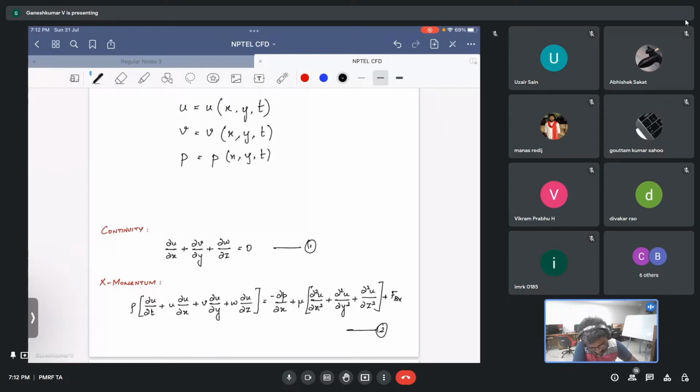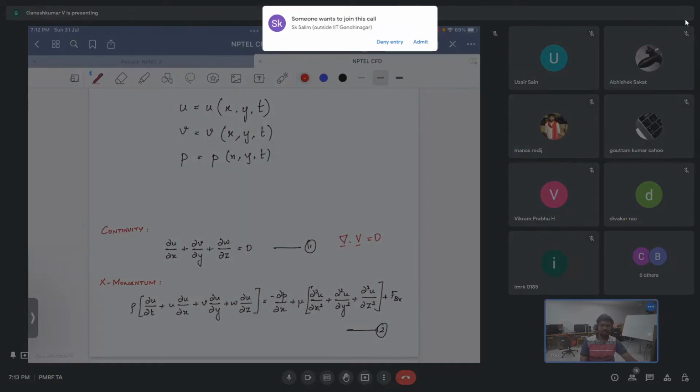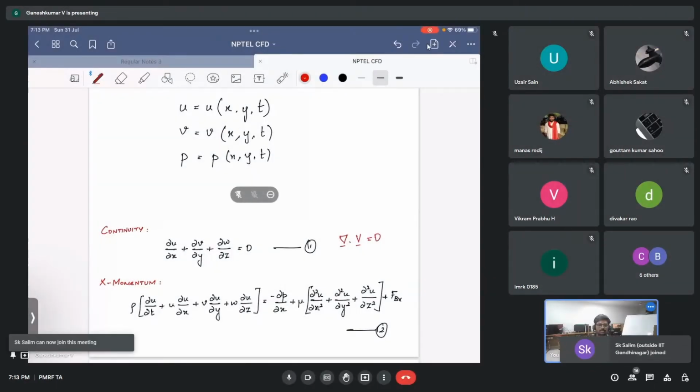You guys also might know another version of the continuity equation, which is just del dot v is equal to 0. What this continuity equation basically tells is that it conserves the mass.